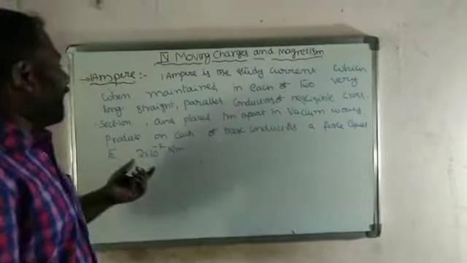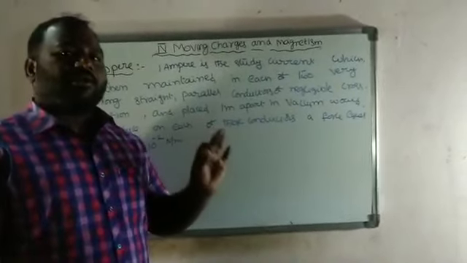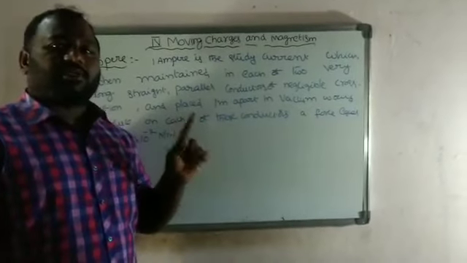Here we are going to define the ampere. In current electricity we also define the ampere: 1 coulomb per 1 second is known as 1 ampere.